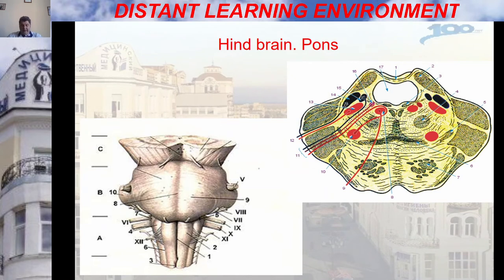If we look at the internal structure of the pons, you may see this transverse section, and you may see that the pons consists of a larger lower or ventral part here and a smaller dorsal part.